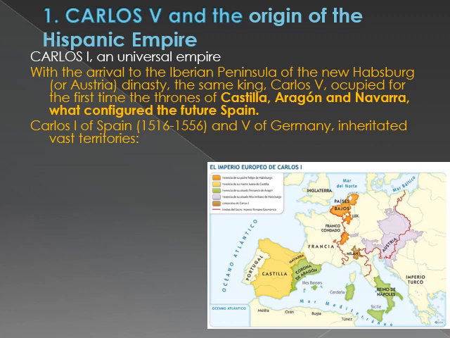He is going to occupy for the first time the thrones of the full Iberian Peninsula. He's going to be King of Castilla, King of Aragon, King of Navarra, which can be seen as the configuration of the future Spain. It's for the first time, one person, one king is king of all these territories.